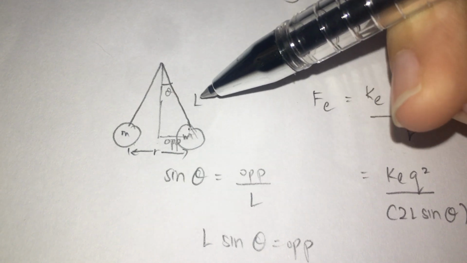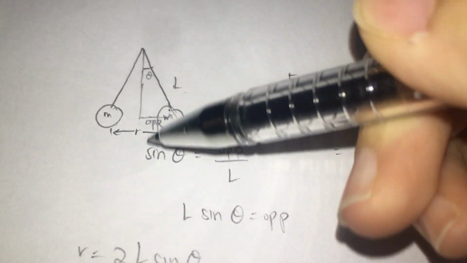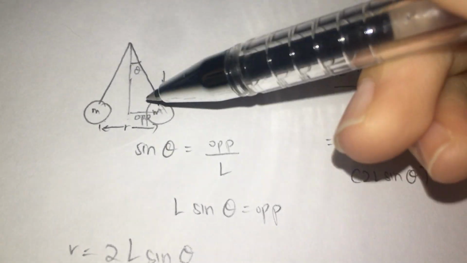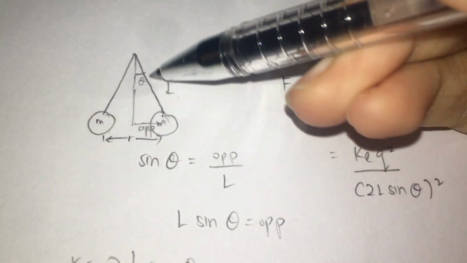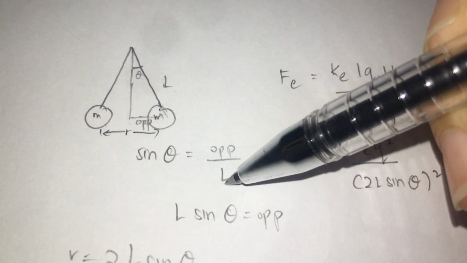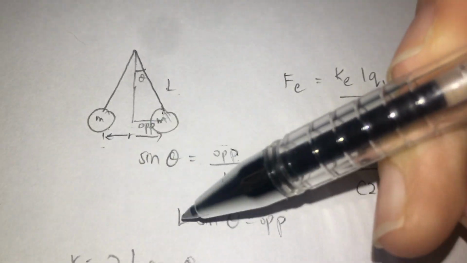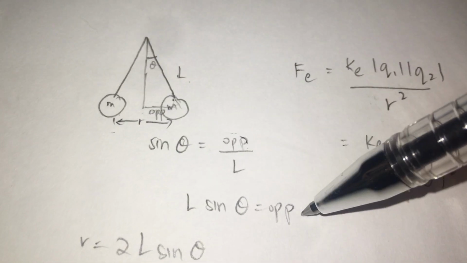We can just write it as L. So to find sine of the angle, it is opposite over hypotenuse. So to find the opposite, we can just move that here. We get L sine theta equals the opposite.